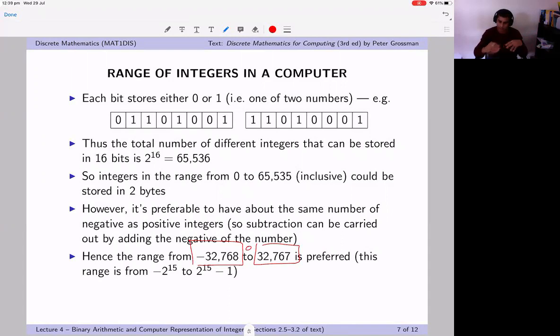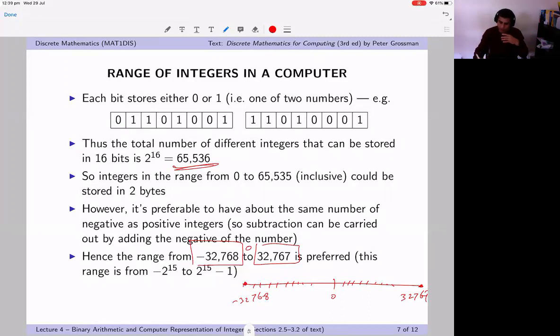So when you put all of them together, that would be your combined range. In other words, you have a real line, 0 here, negative 32,768, positive 32,767. Every integer number in between, we can store or represent in binary.